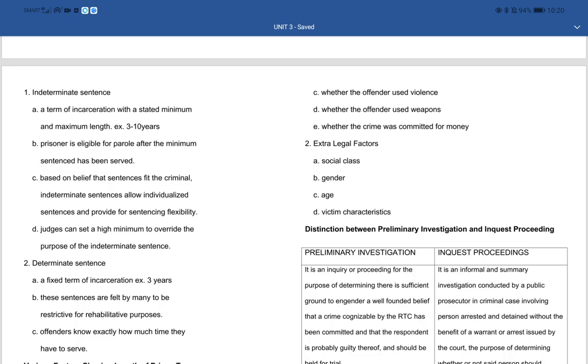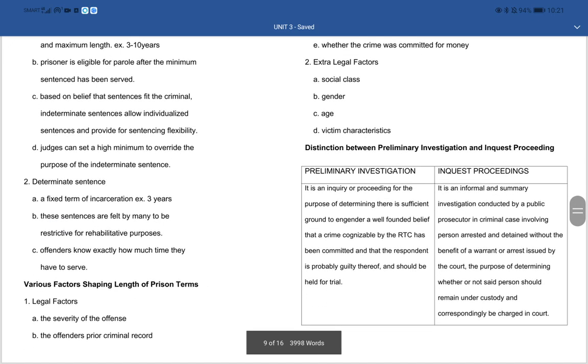So if you have good performance inside, and they see that you have GCTA, the good conduct time allowance, then they can grant you parole. So you can be released early. While a determinate sentence is fixed. If it is 3 years, okay, 3 years. If it is 5 years, okay, 5 years. So that is the difference between indeterminate sentence and determinate sentence.